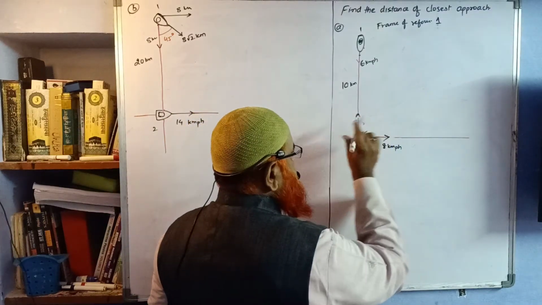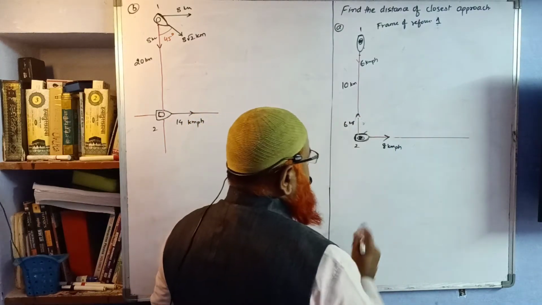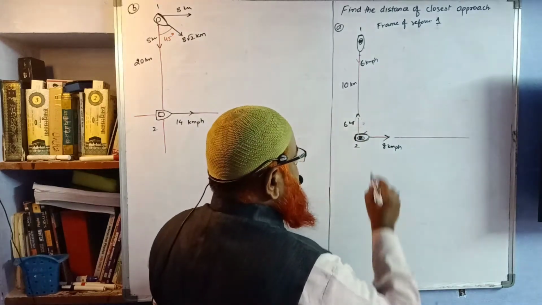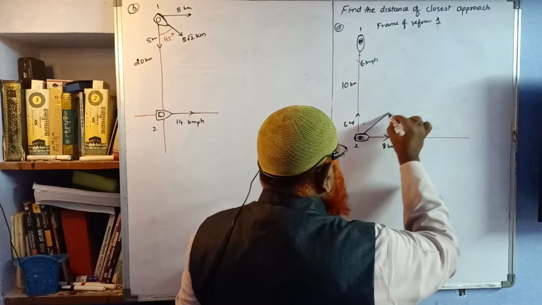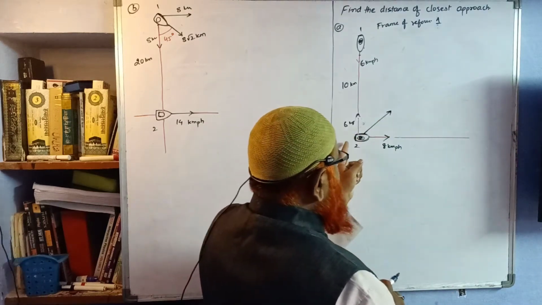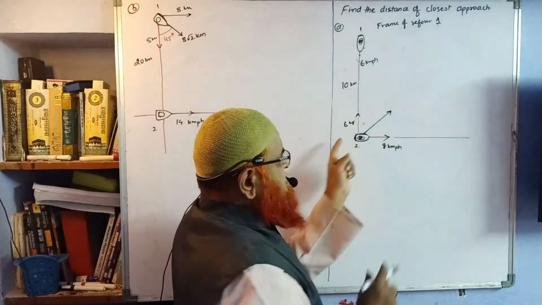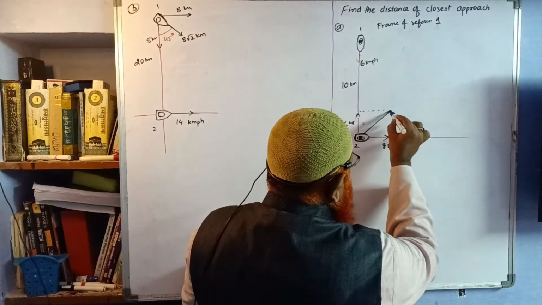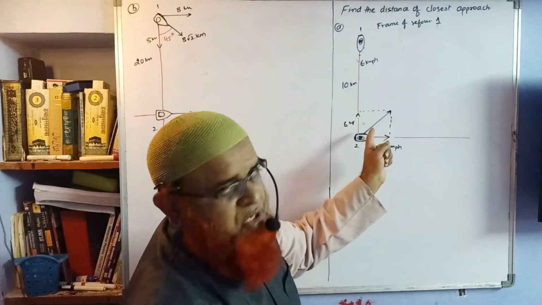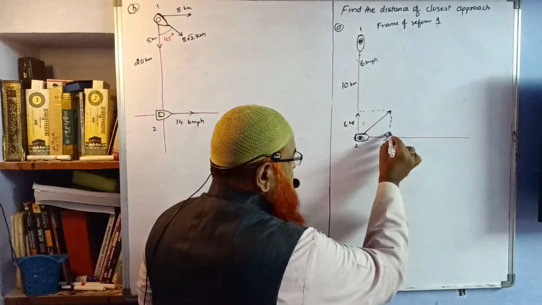Let us write this here now, 6 kilometers per hour. So this is 8 kilometers per hour, this is 6 kilometers per hour. Then what is the resultant of these two? The resultant is just like a hypotenuse here. The good news is this makes 90 degrees.